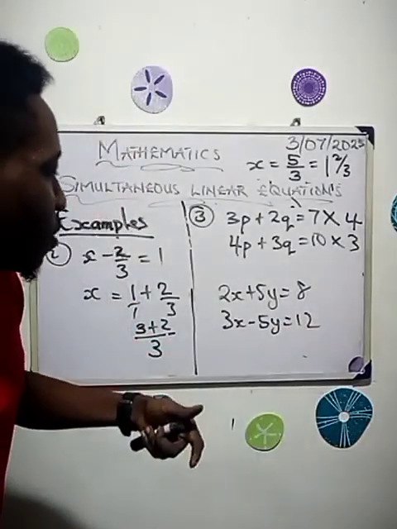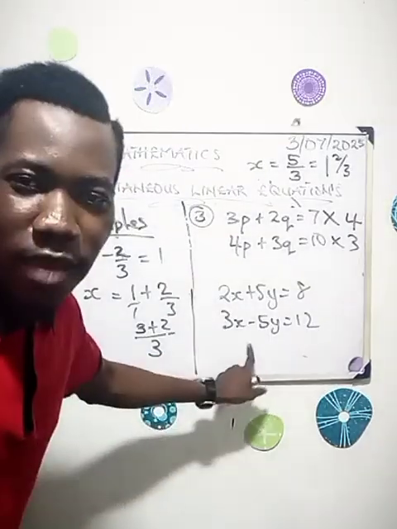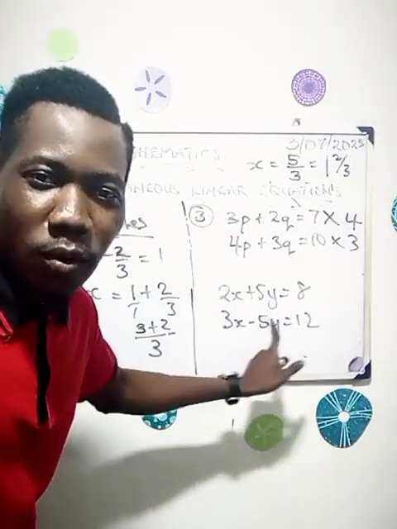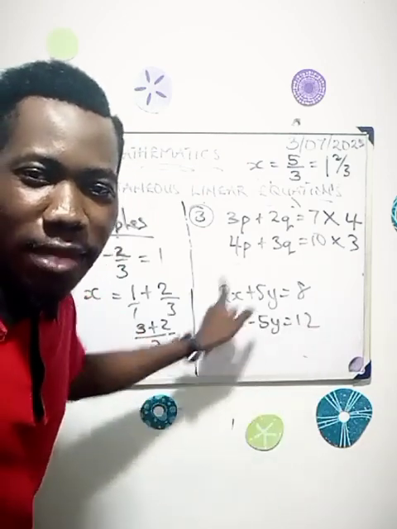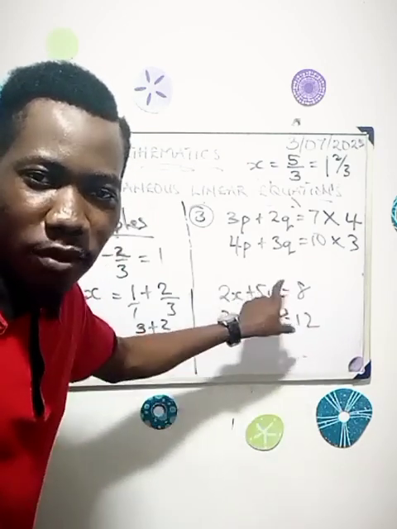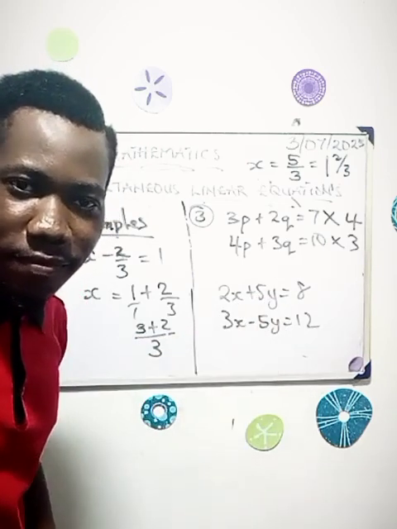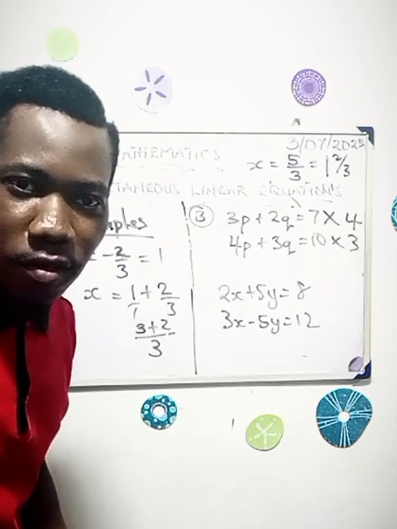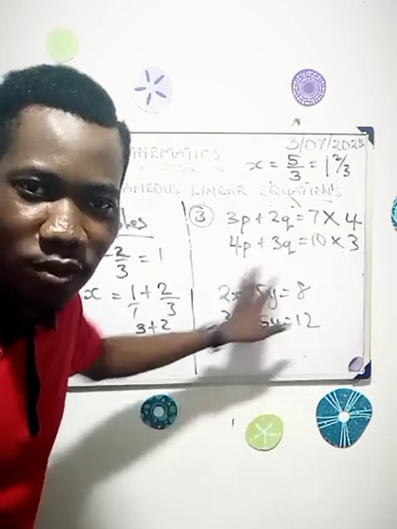So assuming that we want to eliminate x first in this pair of equations, what are we going to multiply by? Multiply by 4, okay. What are we going to multiply by in this one?